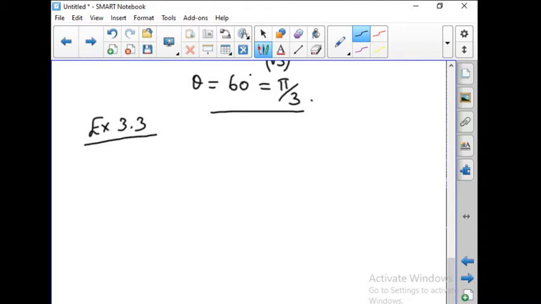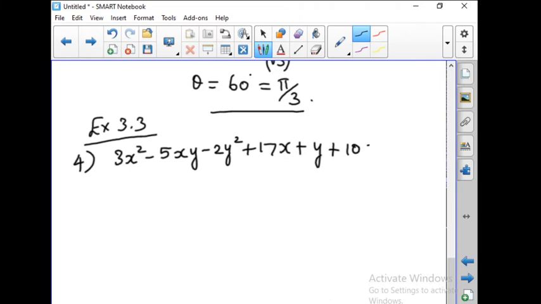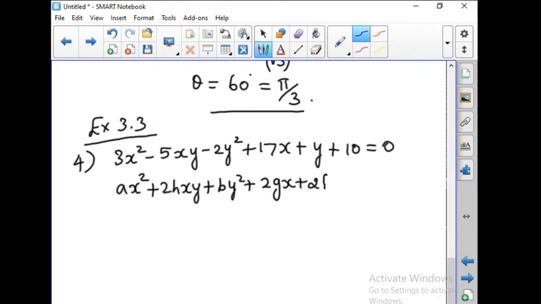Exercise 3.3, it is a full equation. It is given 3x square minus 5xy minus 2y square plus 17x plus y plus 10 is equal to 0. So this is the equation which can be compared with ax square plus 2hxy plus by square plus 2gx plus 2fy plus c equal to 0.